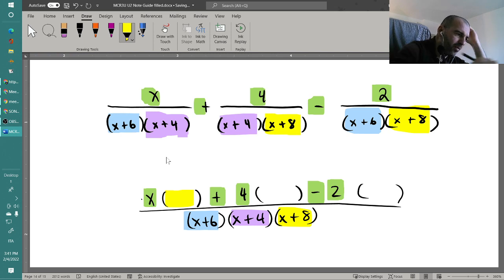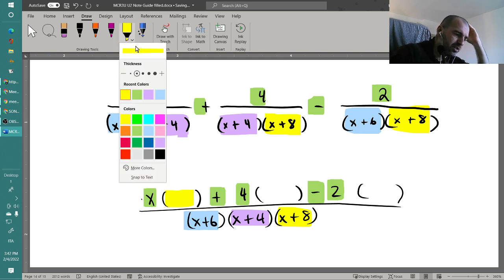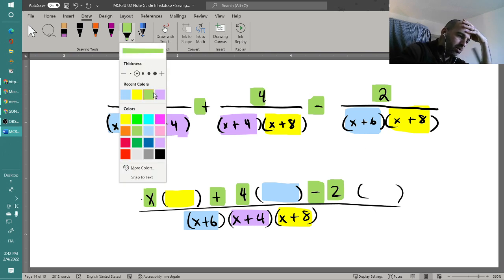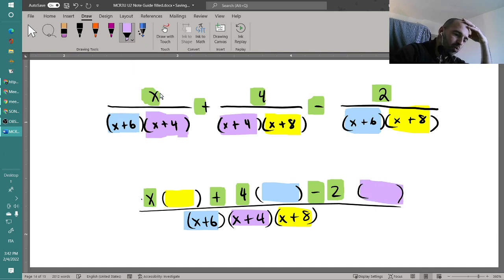The second fraction is missing the blue, so I'm going to have to write in the blue. And the third fraction appears to be missing the purple, so I'll write in the purple. Once you've gotten this far, x plus 8, let me just copy this down, x plus 6, and x plus 4.